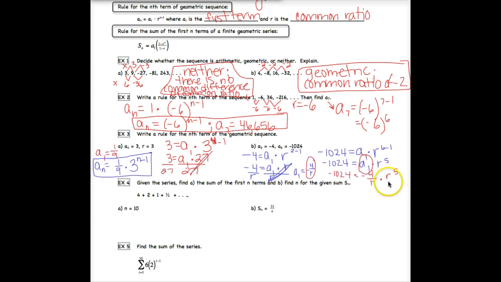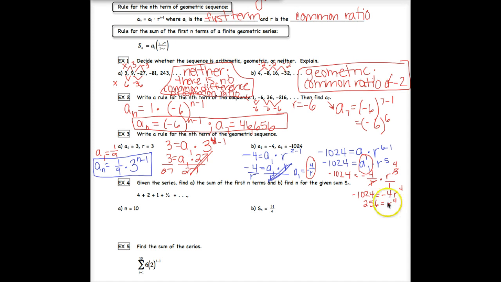Now r to the 5th, it doesn't have a denominator, which means its denominator is 1. And look what happens now. I've got r to the 5th in the numerator and r down here. These can reduce. This becomes r to the 4th. So I've got negative 1024 equals negative 4 r to the 4th. So divide both sides by negative 4. That gives me 256 is r to the 4th.